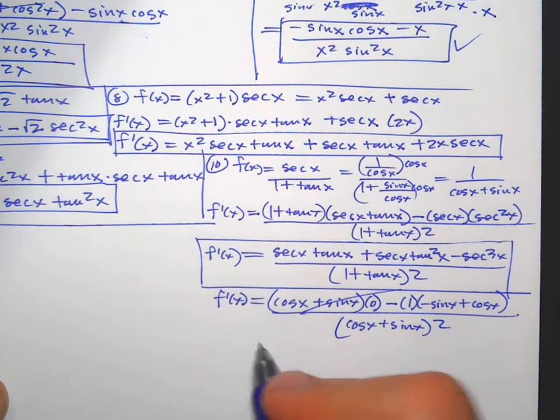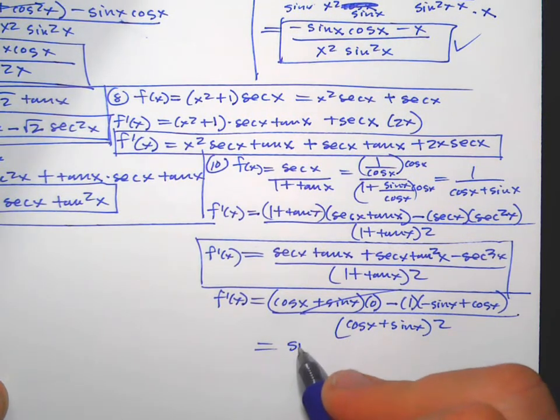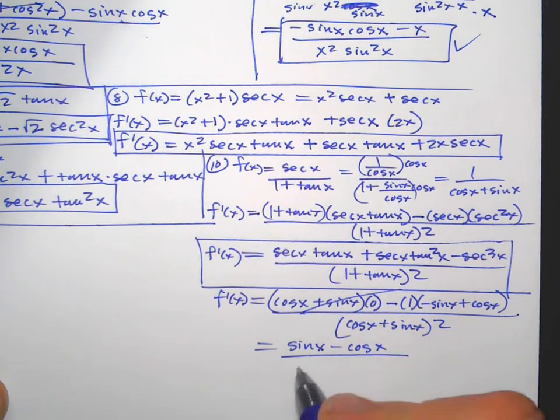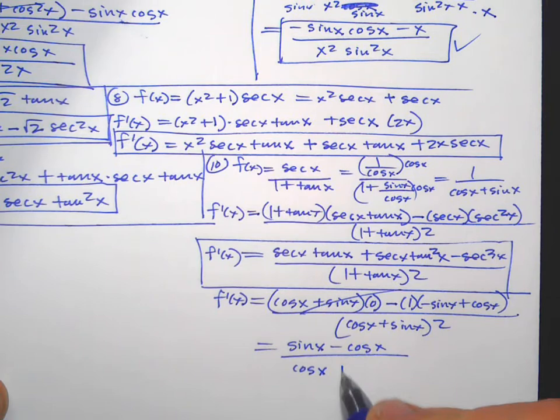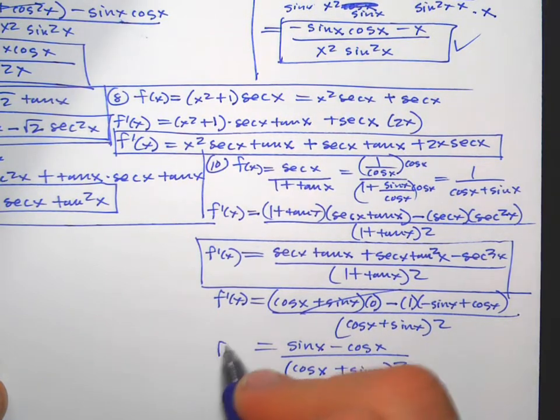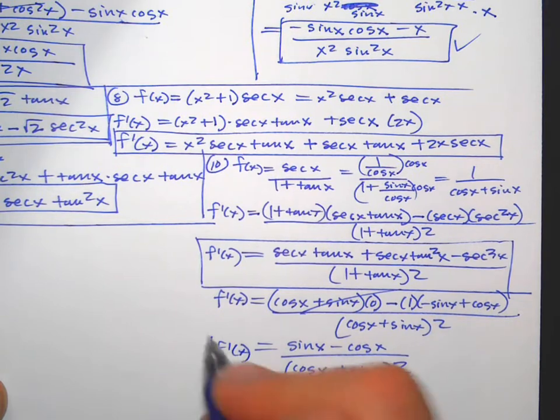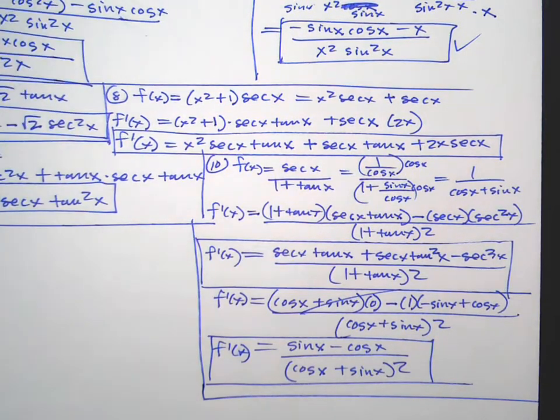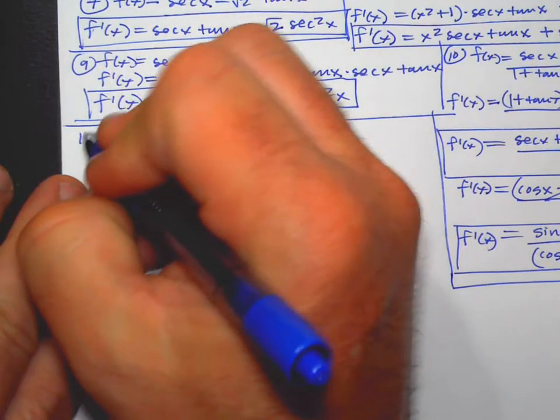It drops out: sine x minus cosine x over cosine x plus sine x, squared. So that's another answer that should be equivalent to that other one. And so that's what I was saying: just because it doesn't match the back of the book doesn't mean it's wrong. It could be, though, so I'll just double check.